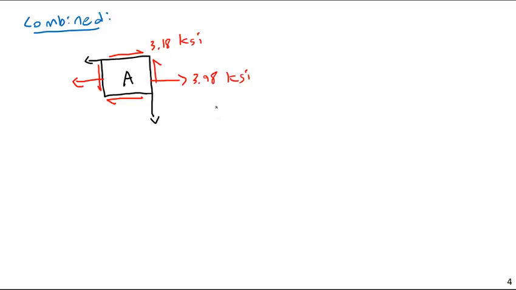I'm going to have my point H be 0, 3.18, and my V be 3.98, negative 3.18.